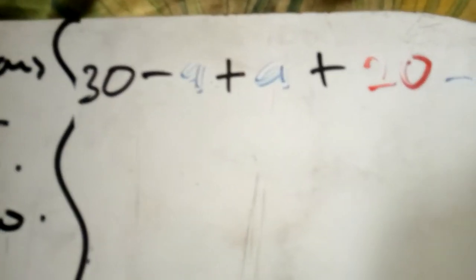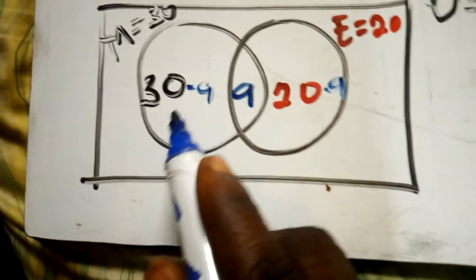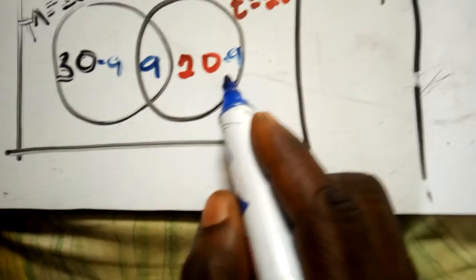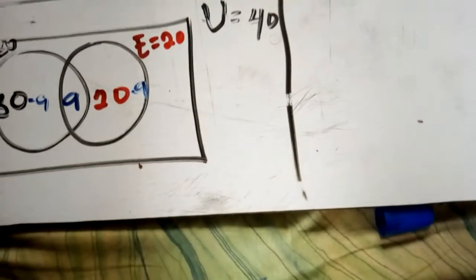So I'm just adding up everything over here. So that will be 30 minus a plus 20 minus a. All has to be equal to 40, right?